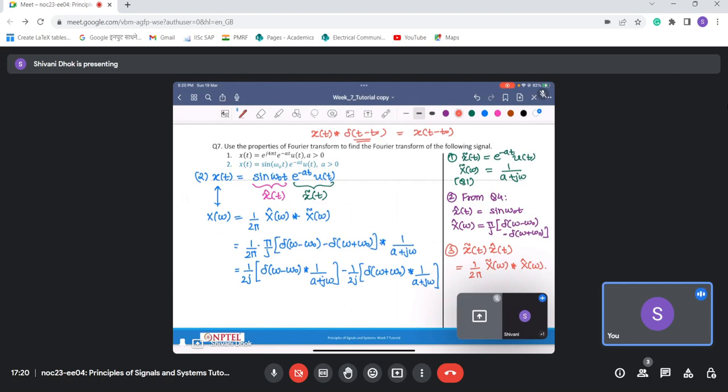So using this property, this factor here can be written as 1 upon 2j multiplied by 1 upon a plus j times omega minus omega naught, minus 1 upon 2j times 1 upon a plus j times omega plus omega naught, and this is the value of X of omega. Any questions at this point?